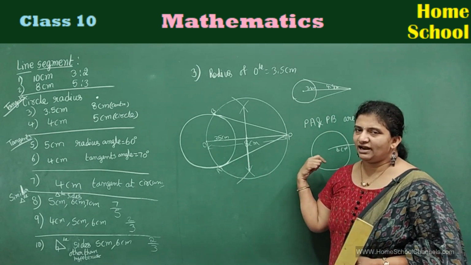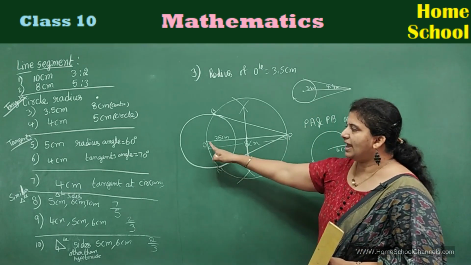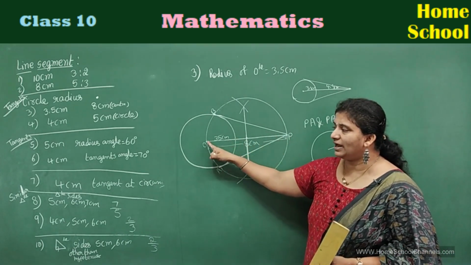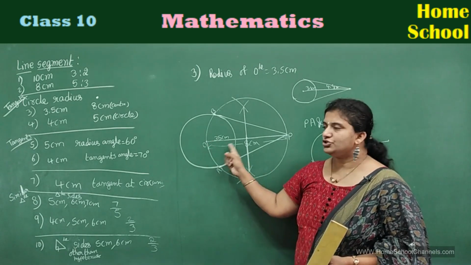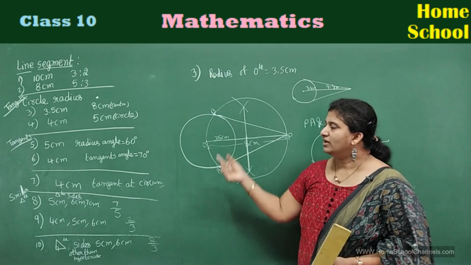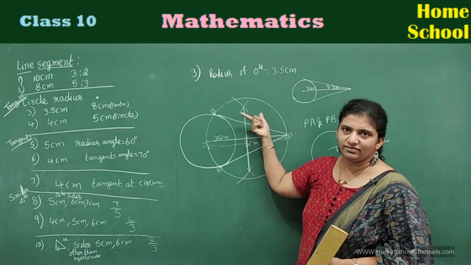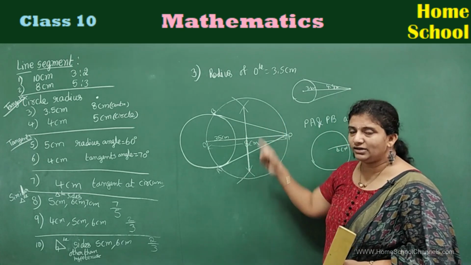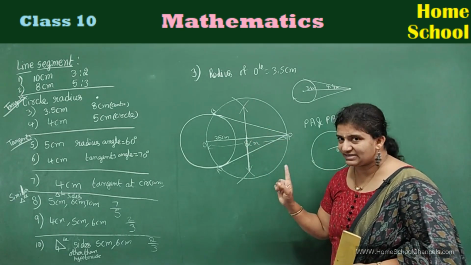What is the line segment length? 9 centimeters. Draw a line segment and with one endpoint as a center, draw a circle of radius 4 centimeters. Then again, more than half arc above, one arc below, and from here cut the arc. You are going to get a perpendicular bisector.